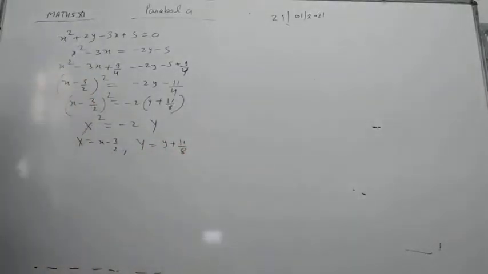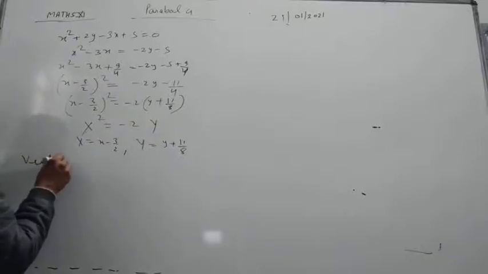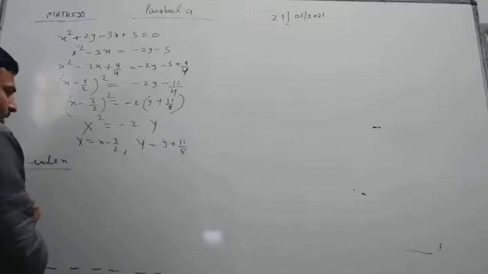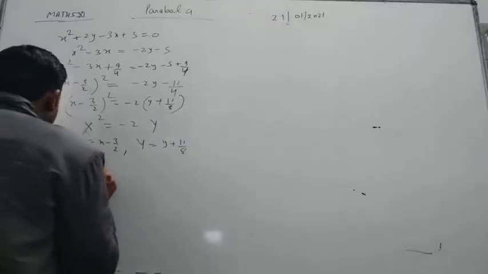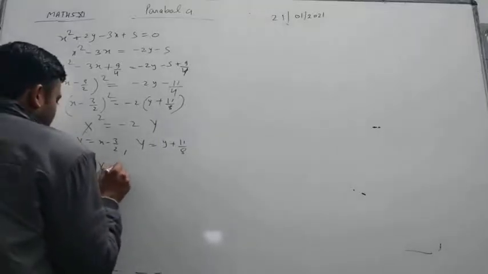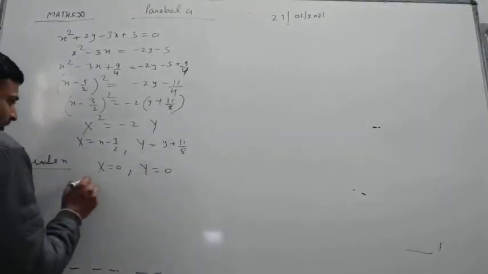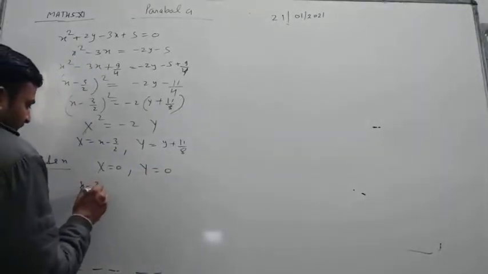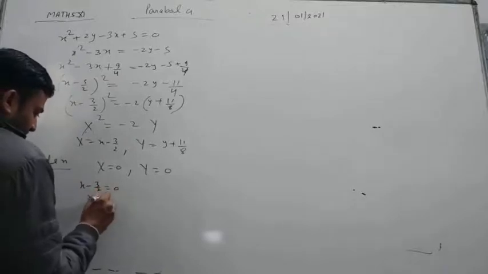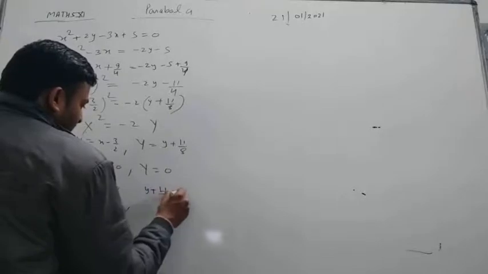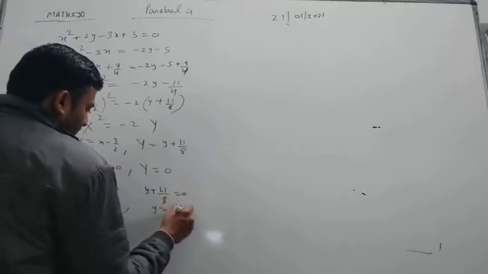Now student, we are taking our vertex. So vertex is where capital X is 0 and capital Y is 0. So x minus 3 by 2 is 0 and y plus 11 by 8 is 0. So y is minus 11 by 8.